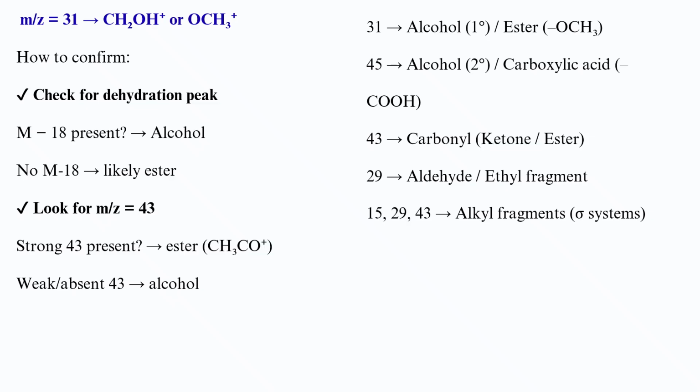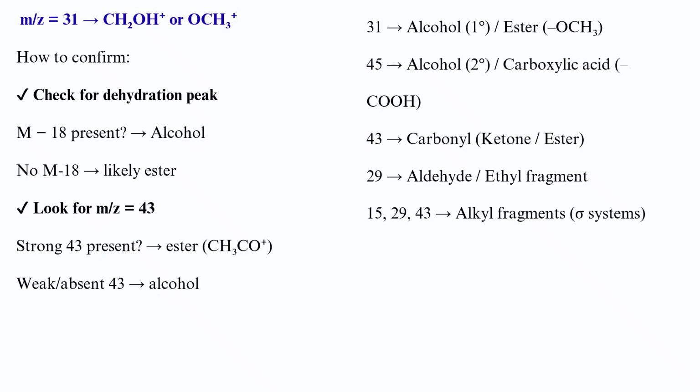After this, here I have put a few of the characteristic peaks for a few of the functional groups so that you can check. You can use these tricks, but apart from these tricks, always make sure to cross check your answers by following the fragmentation pattern. These peaks will give you the hints, but fragmentation patterns will give you the confirmation.